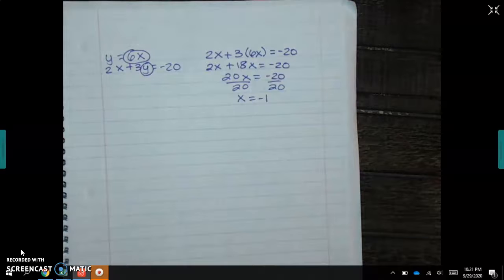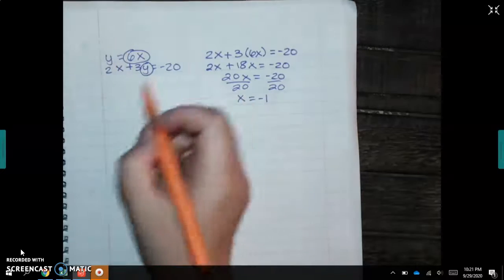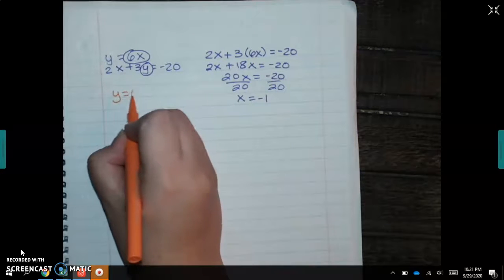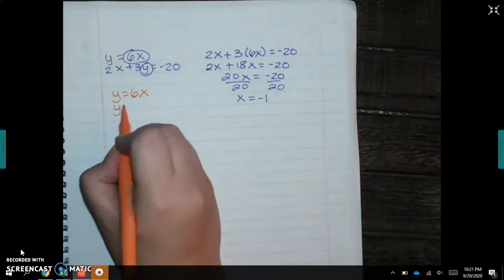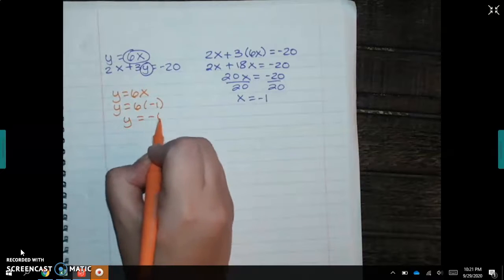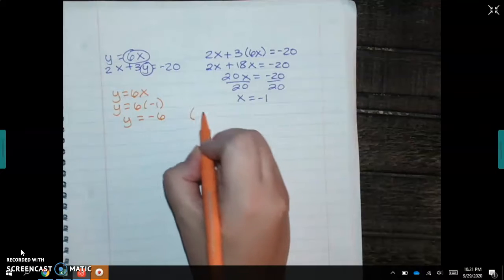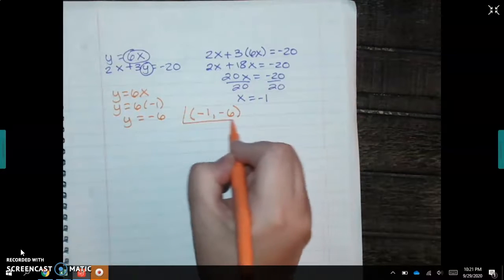I always suggest that you choose the equation that looks simpler to plug into. I'm going to choose to plug into this first equation. So, in the place of x, I'm going to put the -1. So I come up with y equals -6. Therefore, my solution is -1, -6.